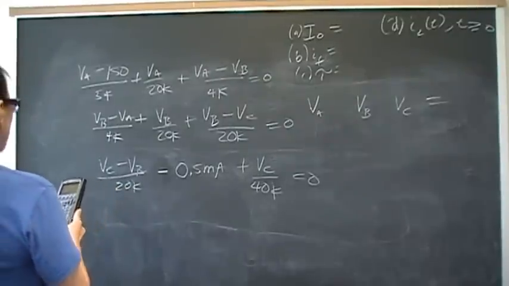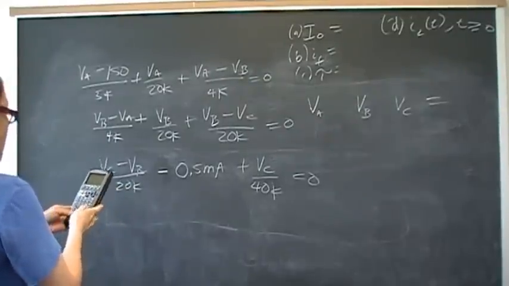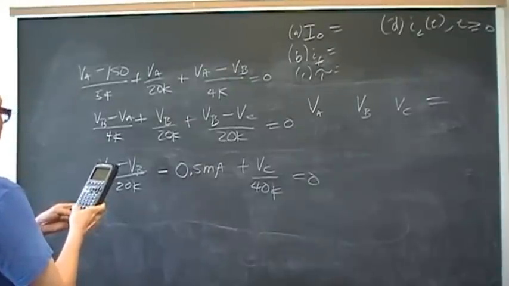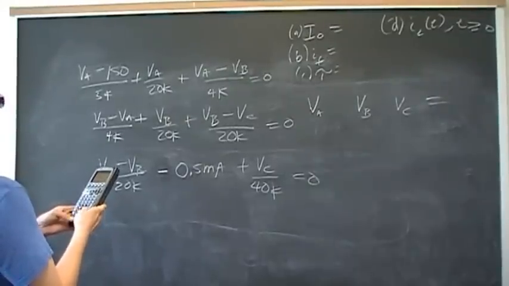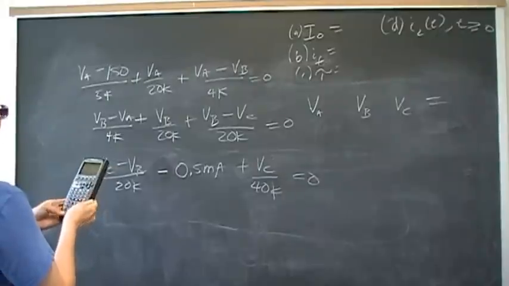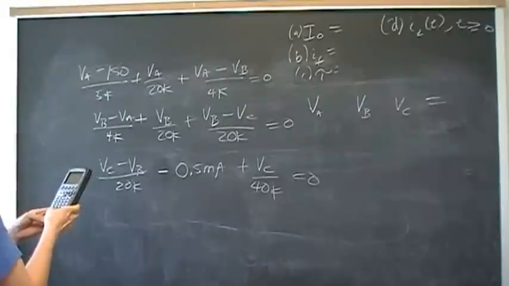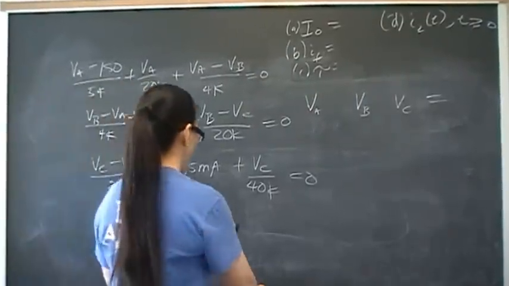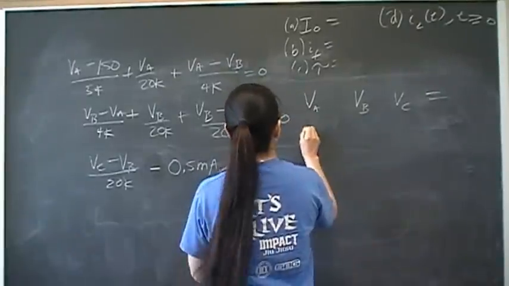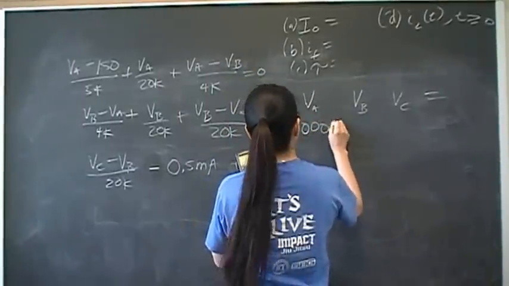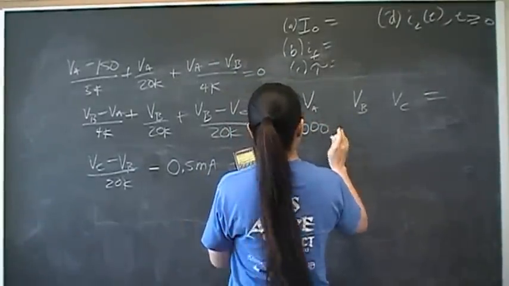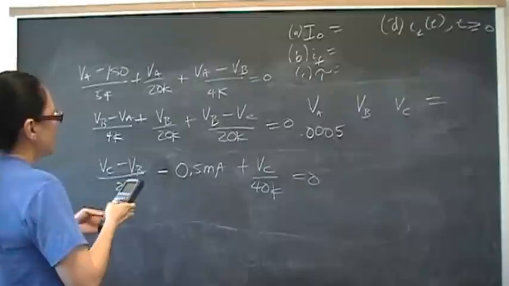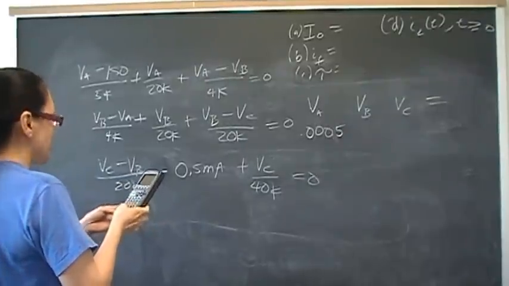My coefficient for VA is going to be 1 divided by 5K, plus 1 divided by 20K, plus 1 divided by 4K. That gives me 0.0005 for VA. And then VB is going to be negative 1 divided by 4K.